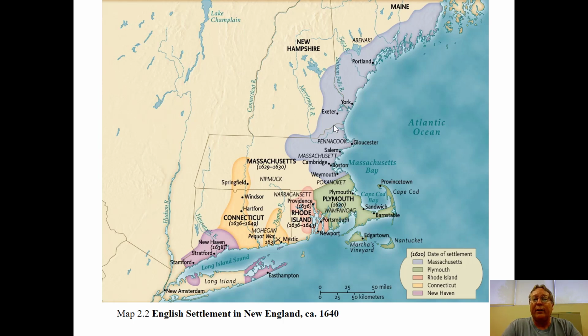There are settlements being created all through that region during this period. So while the English are having a really long, hard slog of developing the Chesapeake region, Virginia and Maryland, into functional colonies that can grow on their own, here in the New England region, they are just taking off. Within 10, 12, 15 years of setting up these colonies, they're already expanding and creating new colonies.